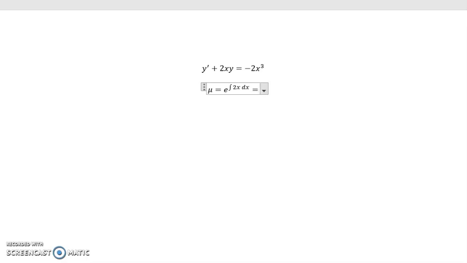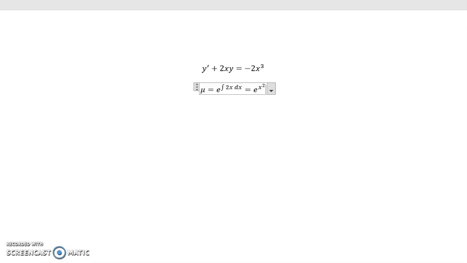Now, in some cases, you'll get a natural log function, and then you'll have to simplify that to get a multiple of x. In this case, when we integrate this, we're just going to get e to the x squared. And that's going to be our integrating factor.